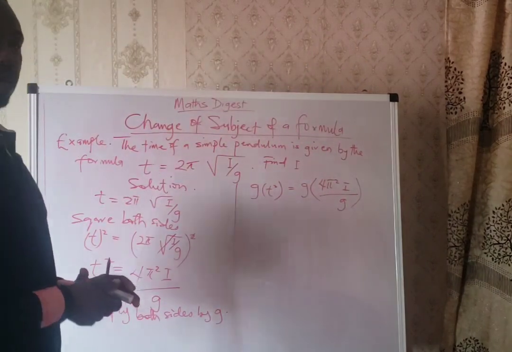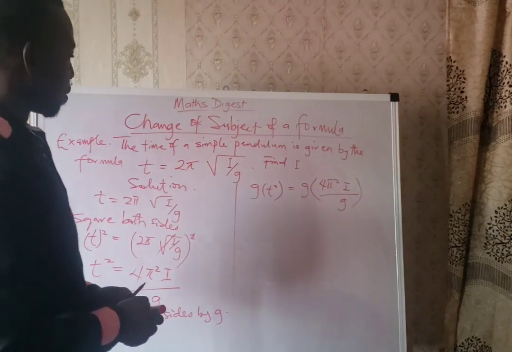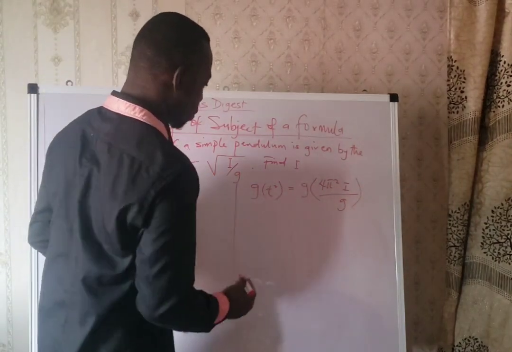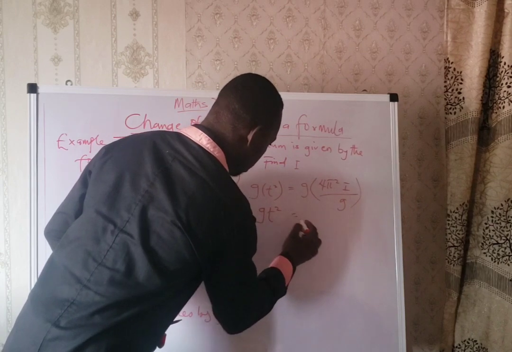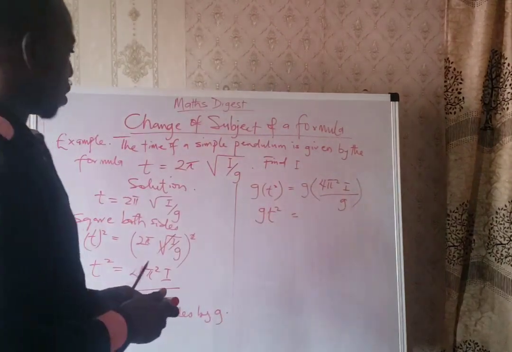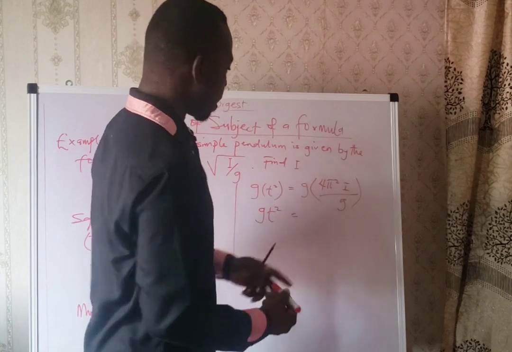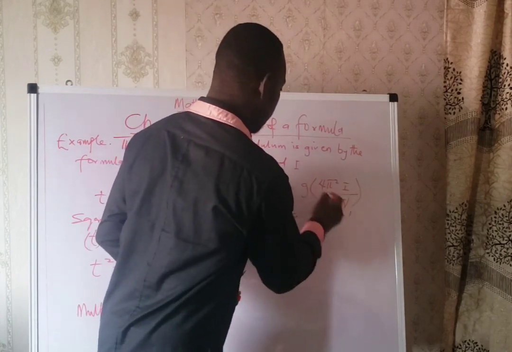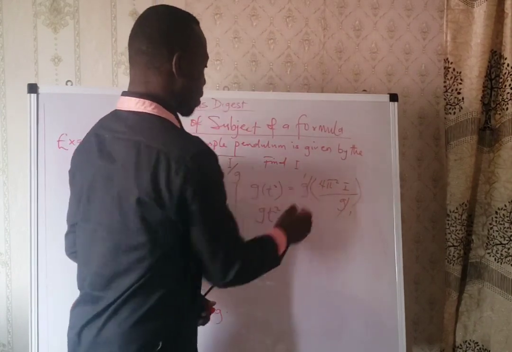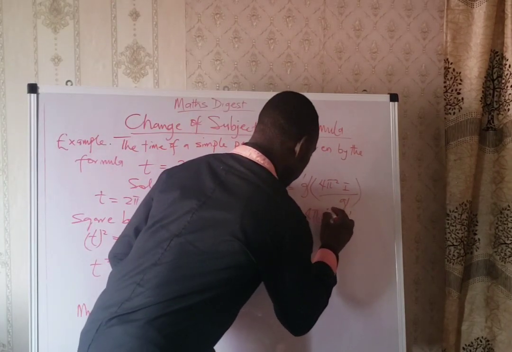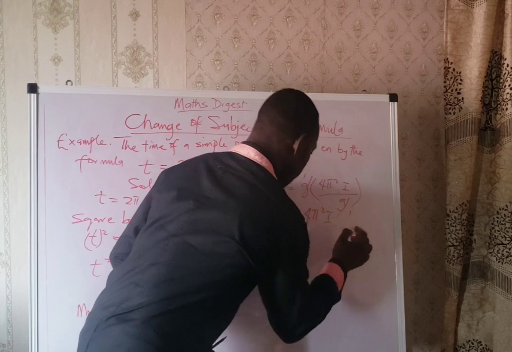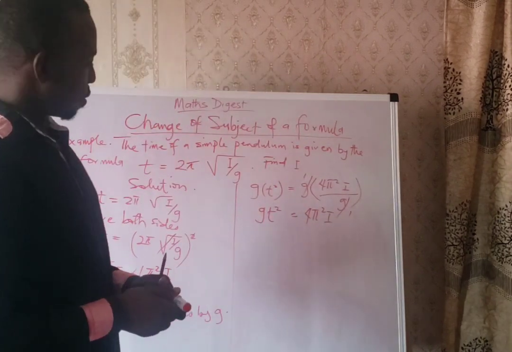So this is what it will look like. Now, g times t squared is g t squared, equal to, coming to this right hand side, we cancel g here, 1, cancel g here, 1. Now we're left with 4 pi squared l.